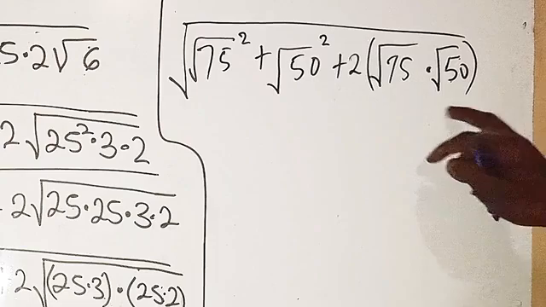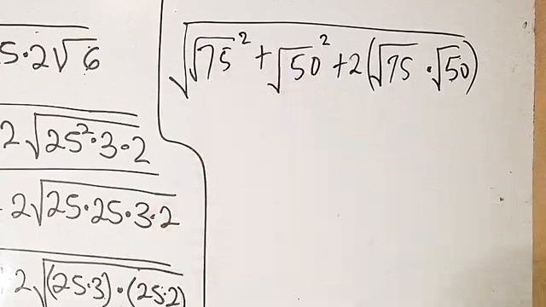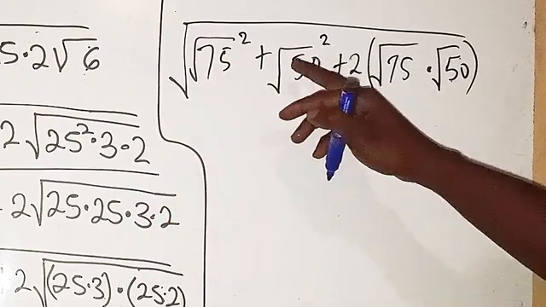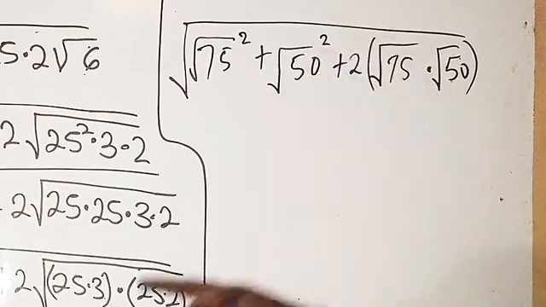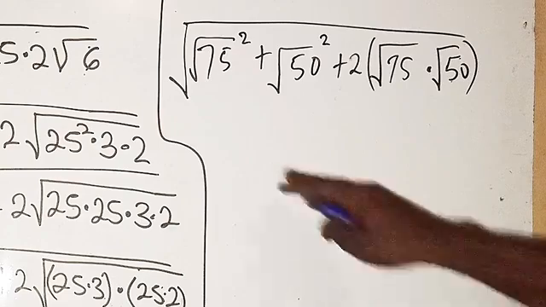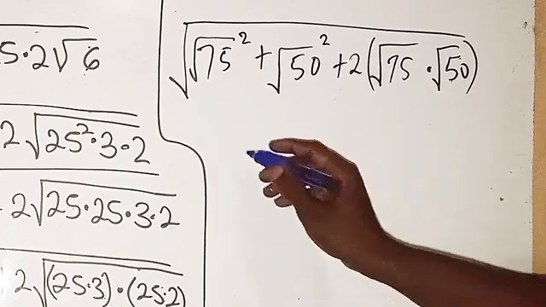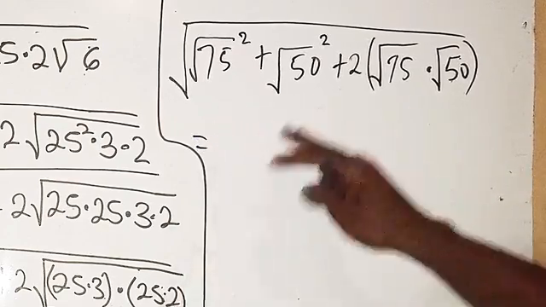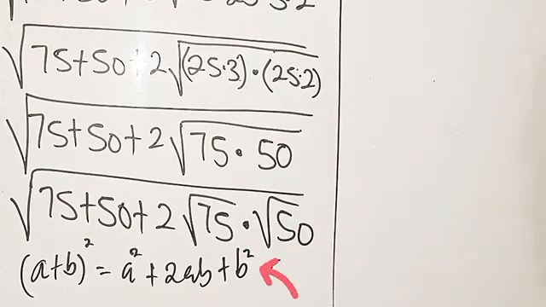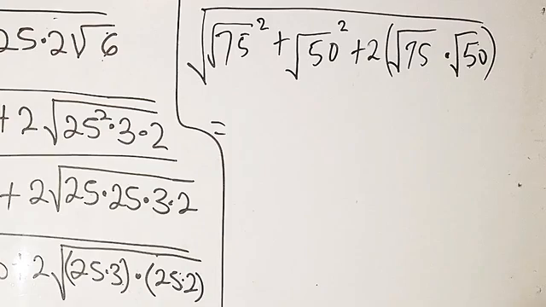So now when you look at this, you can see this root 75 squared will still give us 75, and this root 50 raised to power 2 will still give us 50 here. But because we want to write it in this form, that is a perfect square, can you see what we are going to have?